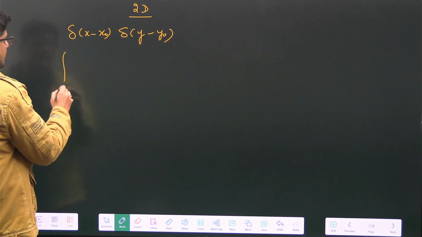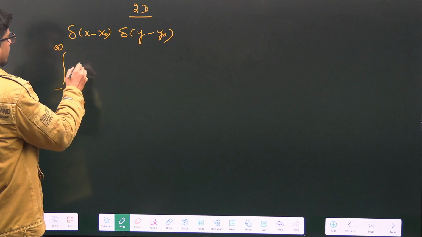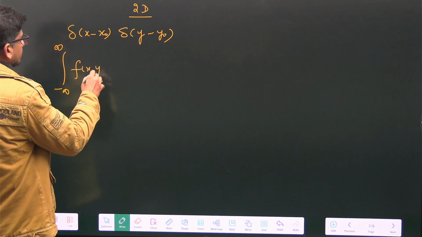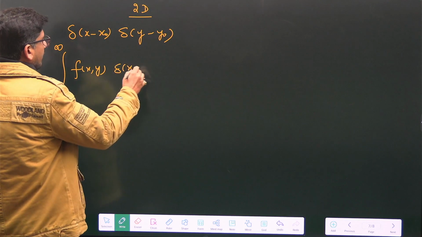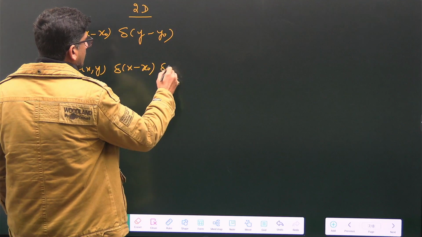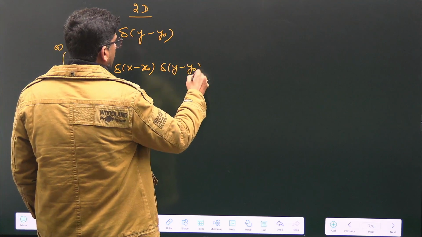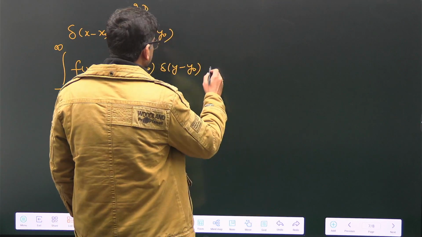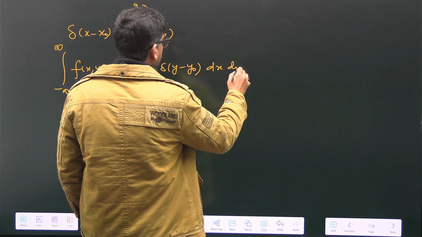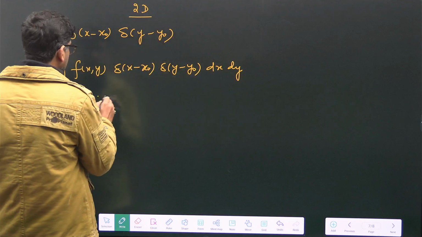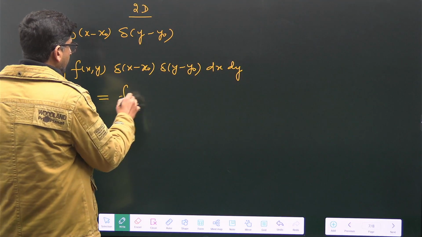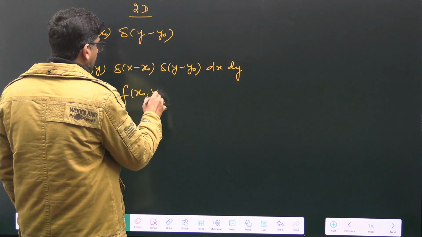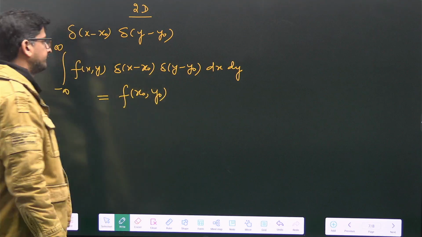So that means if I write integral minus infinity to plus infinity f(x,y) delta(x minus x naught) delta(y minus y naught) dx dy, and this is equal to f of (x naught, y naught).